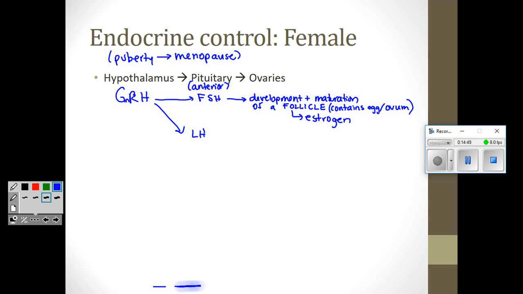Sometimes it gives negative feedback, and sometimes it gives positive feedback. Unlike basically every other scenario where the hormone provides negative feedback on the structures that produce it, estrogen will provide negative feedback on FSH, but it could provide negative or positive feedback on GnRH, depending which part of the cycle we are in.